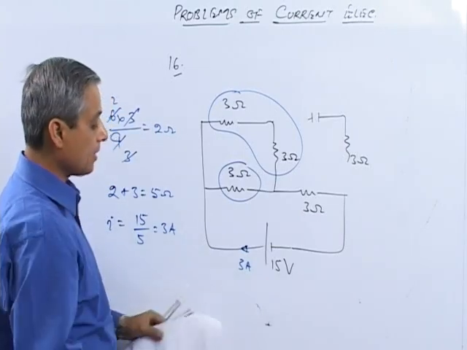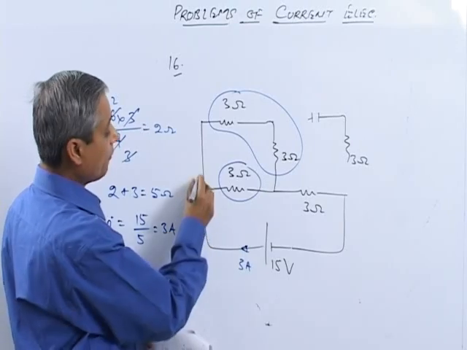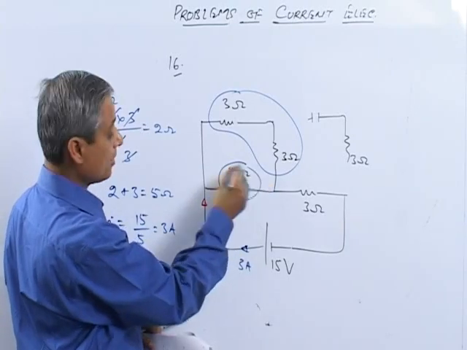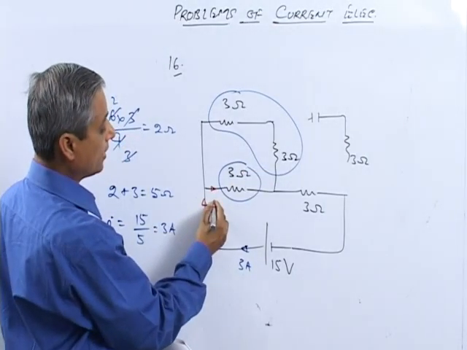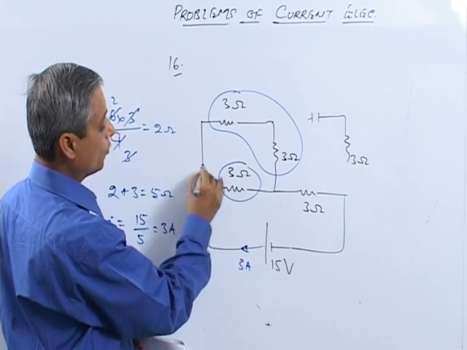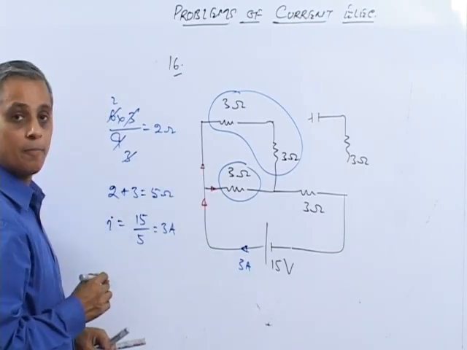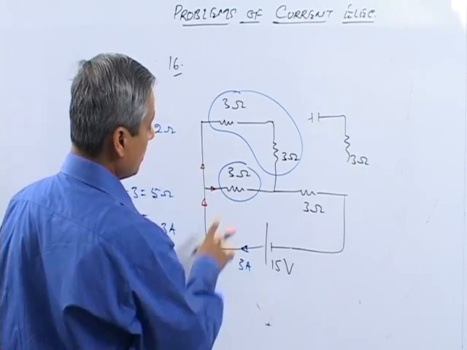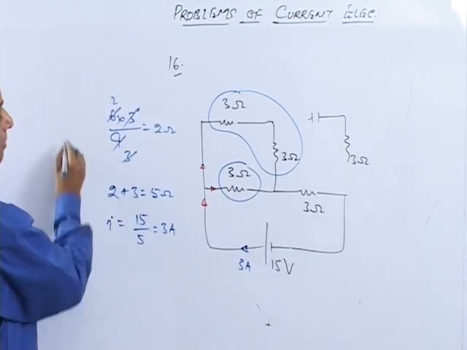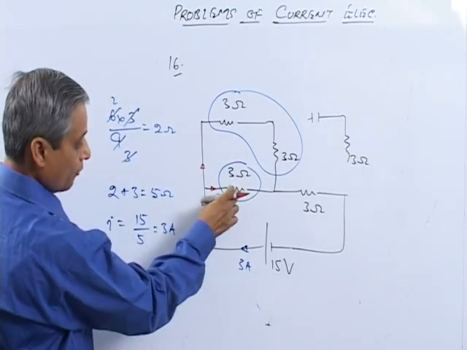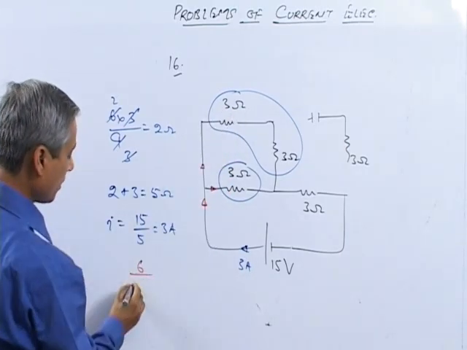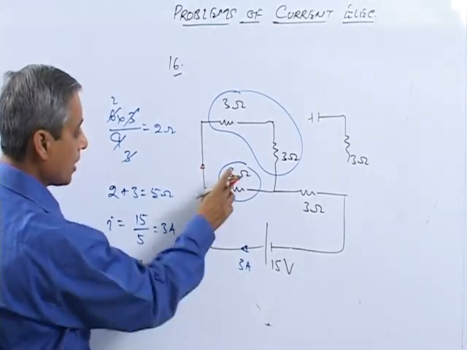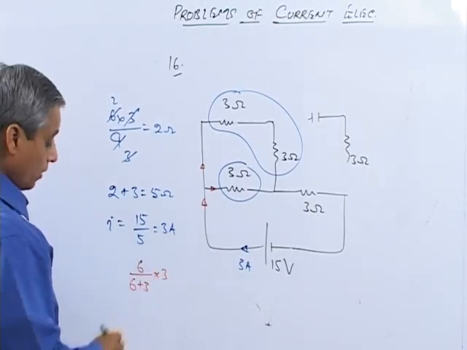This 3 ampere current starts from the battery. When it comes here, it will be divided into 2 parts. One is for 6 ohm and the other is for 3 ohm. Now current is proportional to 1 upon R. So if you want to find out the current in the 3 ohm resistance, it will be 6 divided by the sum of these two, 6 plus 3, into the total current 3 ampere, which makes it 2 amperes.